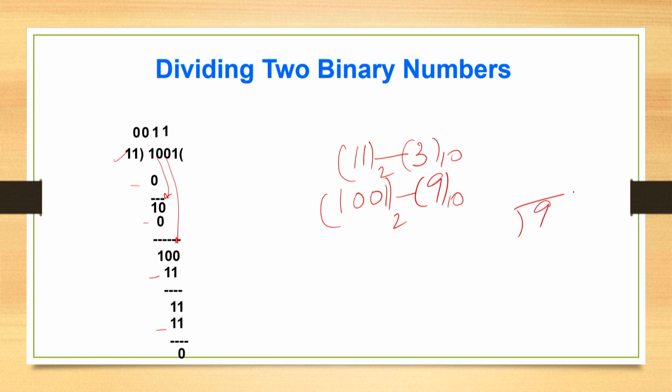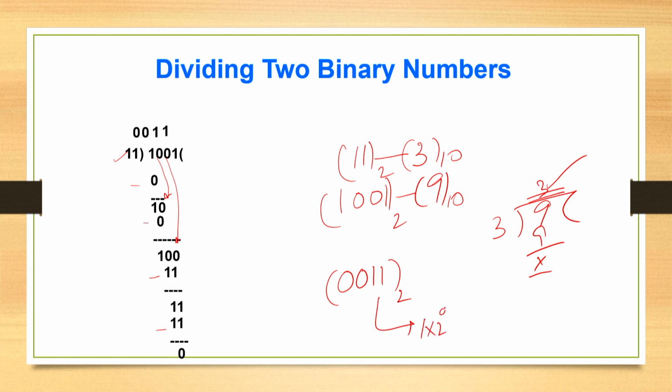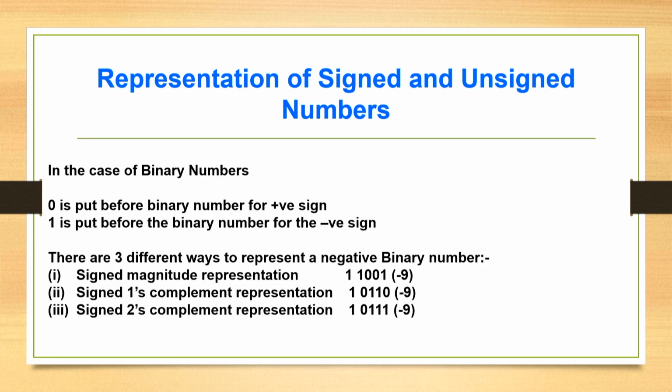Obviously, 3 3s are 9. So, this one will be 3. So, we get the result which is 0 0 1 1, its decimal representation is what? 1 into 2 to the power 0 plus 1 into 2 to the power 1, rest is 0. So, this is equal to 3. Yes, our answer is correct.